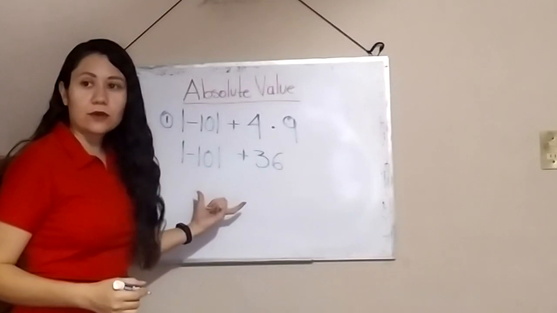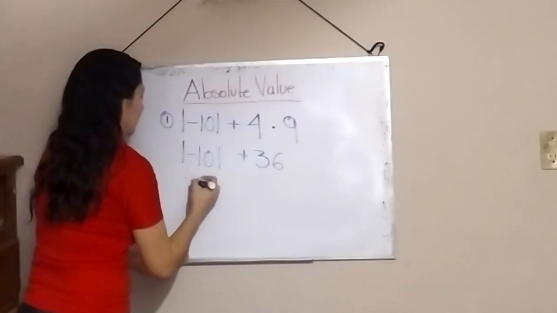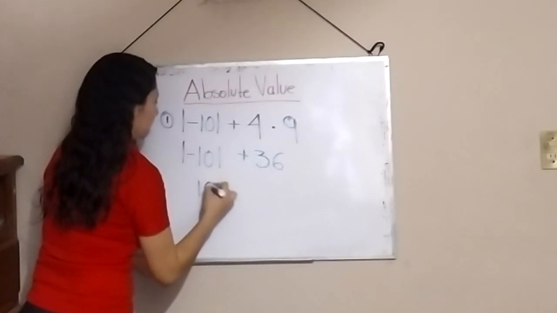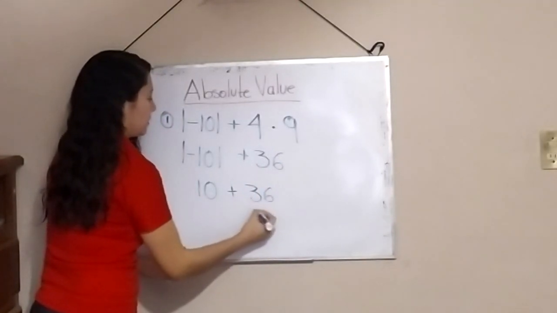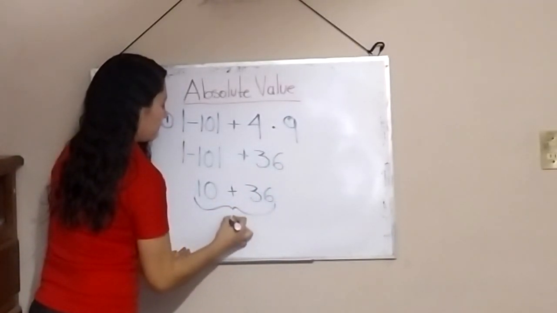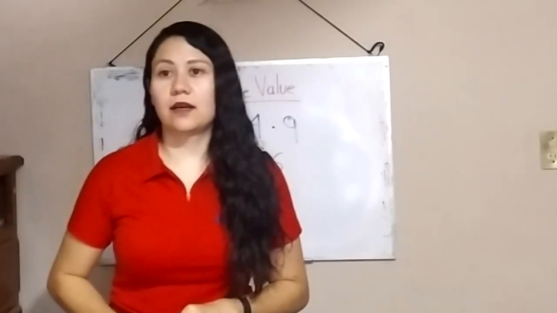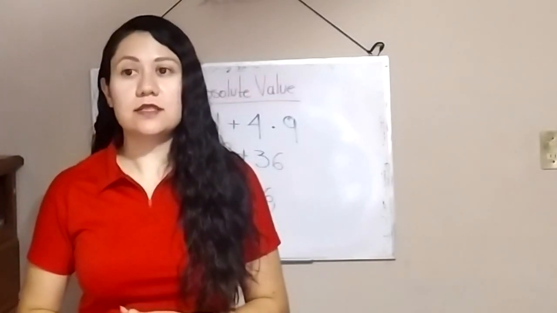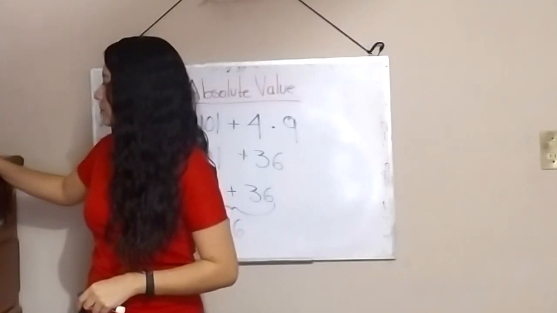So the absolute value of -10 is 10, plus 36. This is equal to 46. And that is our first example. Let's go to the second one.